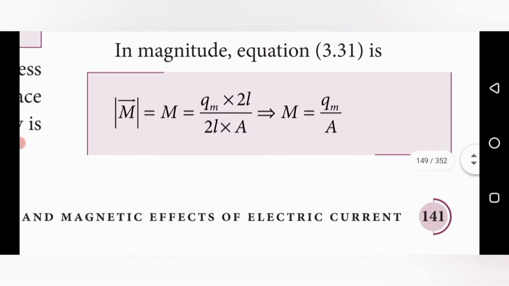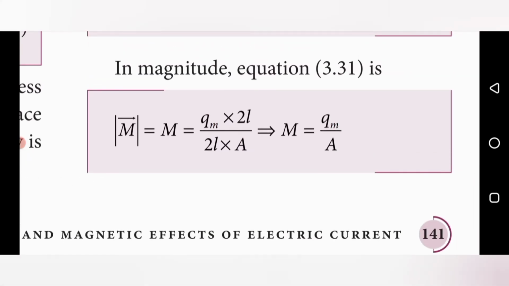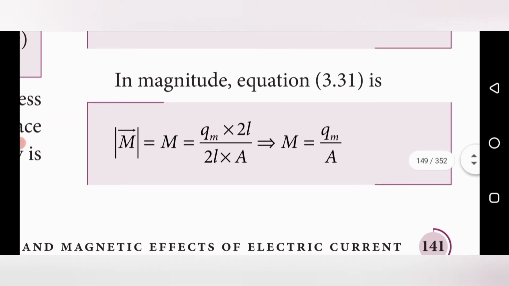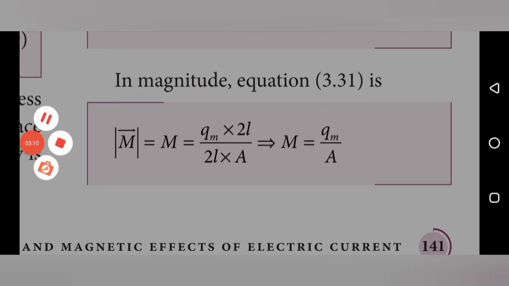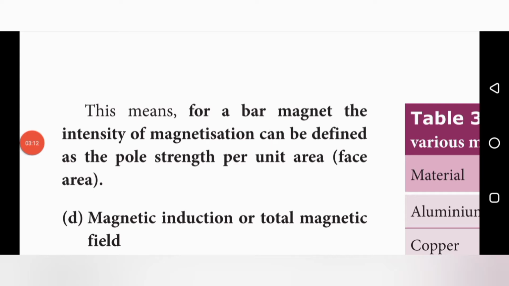This is the expression for intensity of magnetization. That can be expressed in a statement: for a bar magnet, the intensity of magnetization is defined as the pole strength per unit area, that is Q by A. So this is the statement.